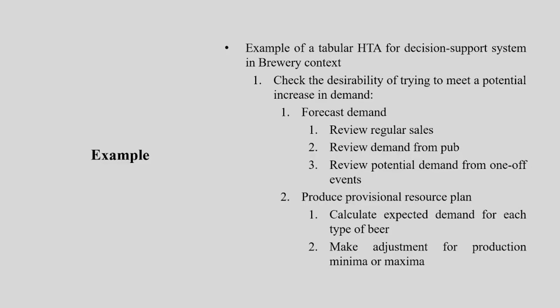For that we have two major stages. One is the calculation of the expected demand for each type of beer. There are different categories, right? It's not only beer. If you are talking about cosmetics, or any other beverage or product, you have to see there are different types.